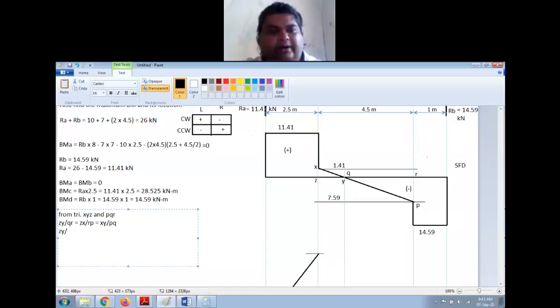Now ZY, basically I'll call it as, I need to find that, right? So I will write like this: ZY by QR, right? So QR is actually 4.5 minus ZY, and this is equal to ZX. Now ZX is 1.41, right?